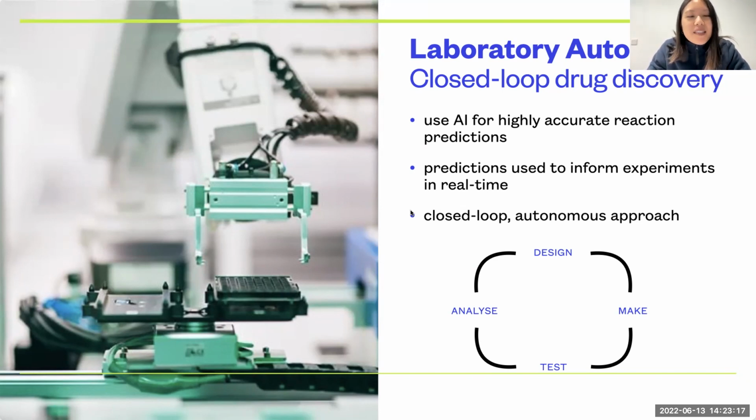So I think the intention is to use artificial intelligence to make some really highly accurate predictions on the reactivity of molecules or compounds. And using those predictions from artificial intelligence, they can be done in real time to inform iterations of an experiment for target processes.